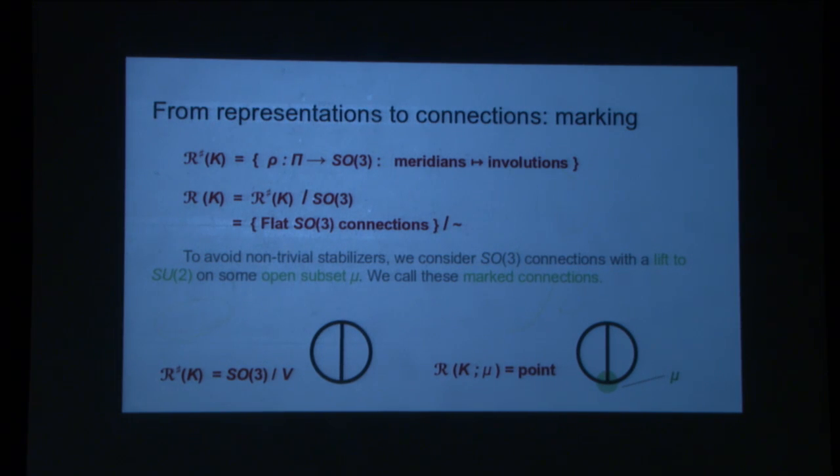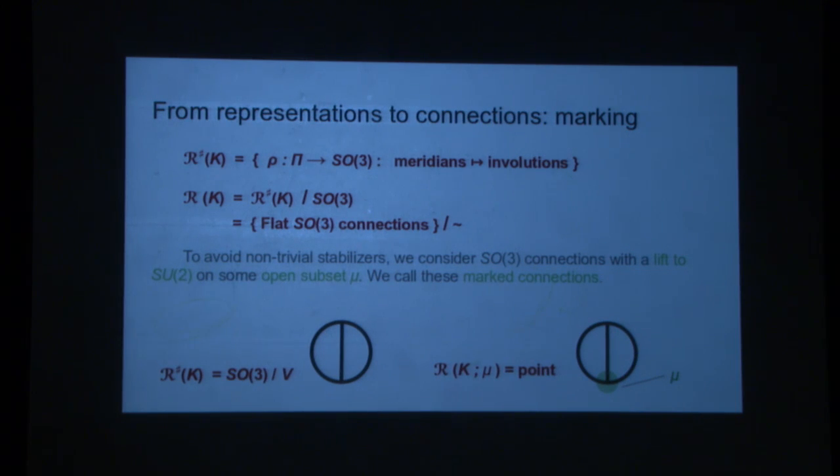And to make a gauge theory that we can actually define and work with, we need to consider a situation where there are no stabilizers. So that this will start us on a road which gets us back to this guy.